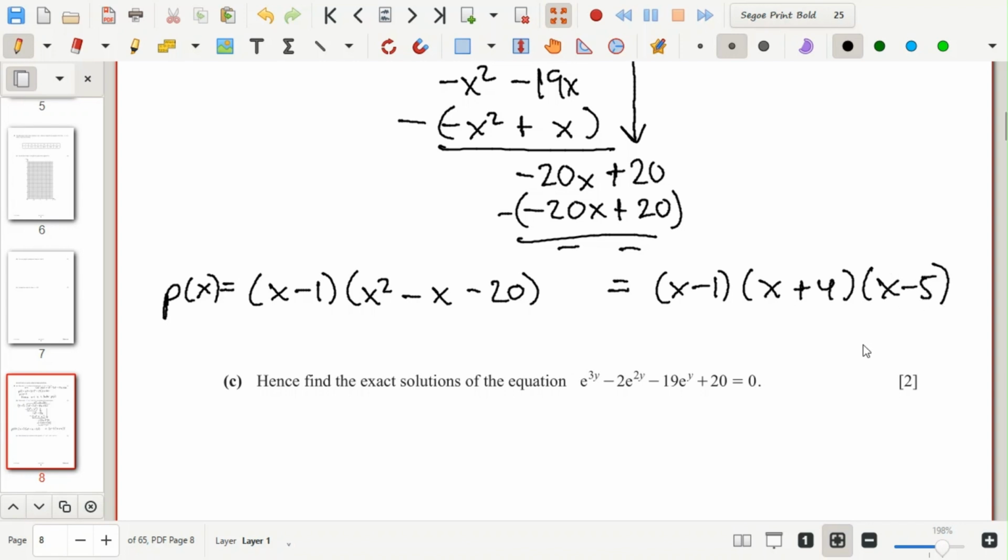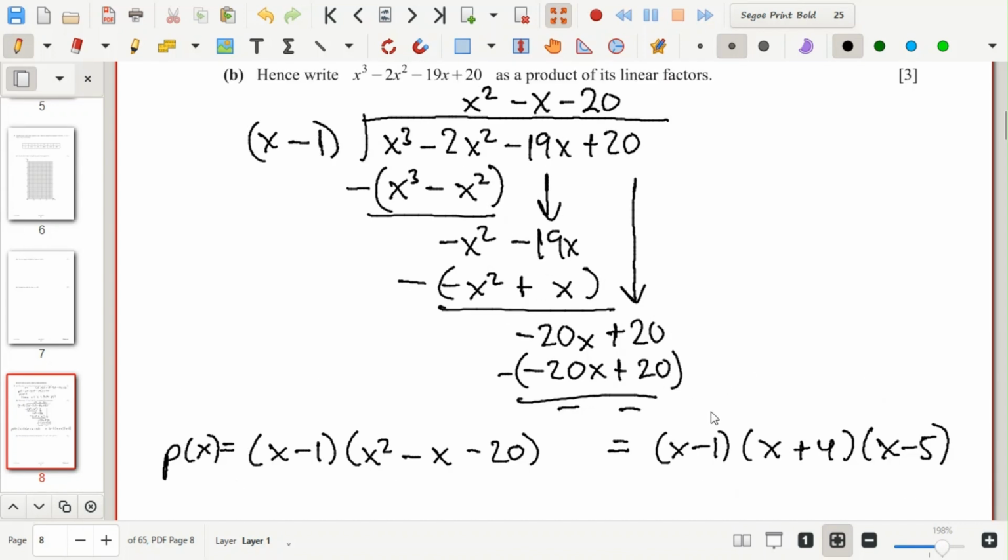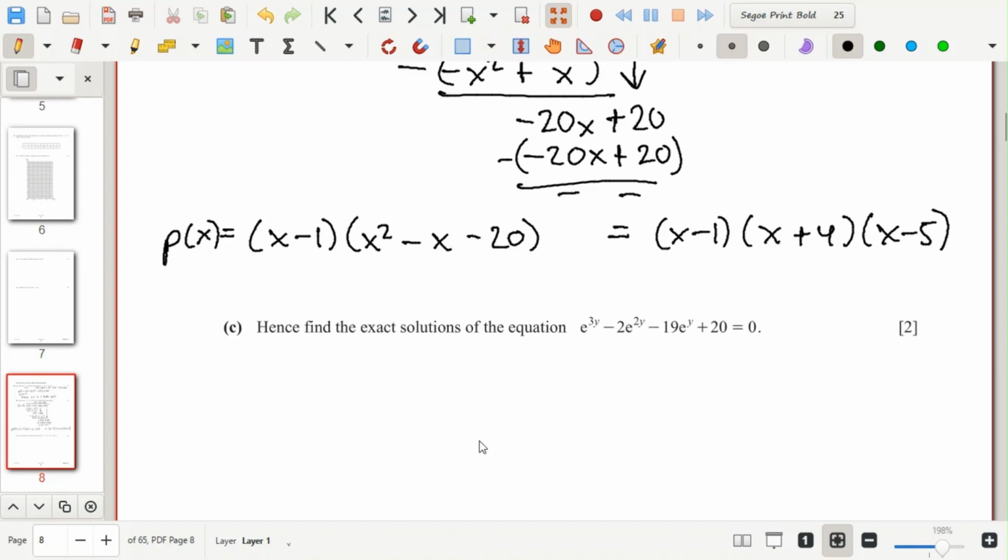Okay, I solve this quadratic and I get this. So that's it. You have broken it down into linear factors, products of linear factors.